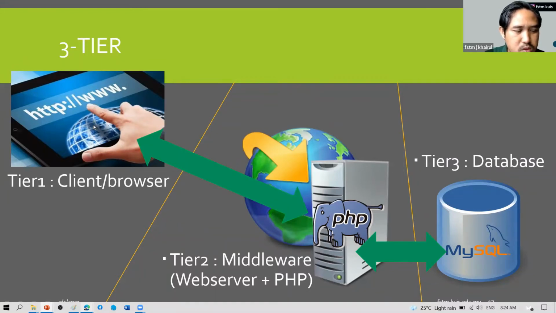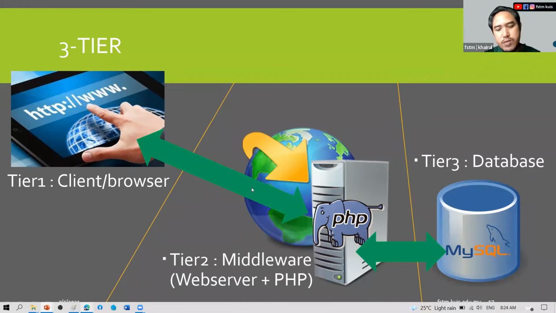The user provides the username and password online and sends them to the server, and this middleware or PHP will verify whether you are the rightful user that can use the system.